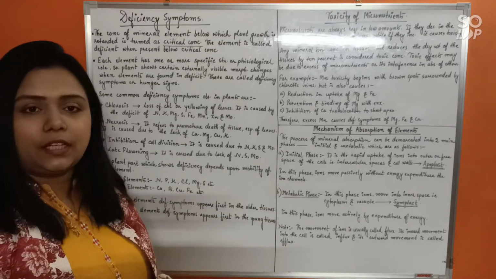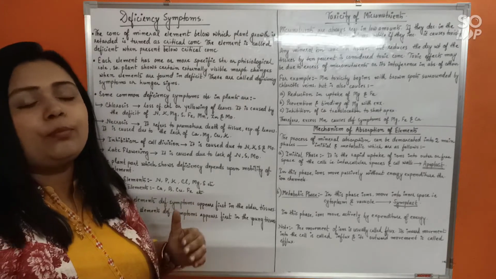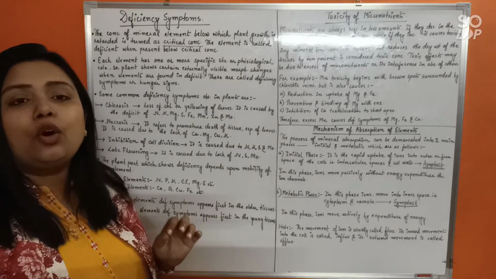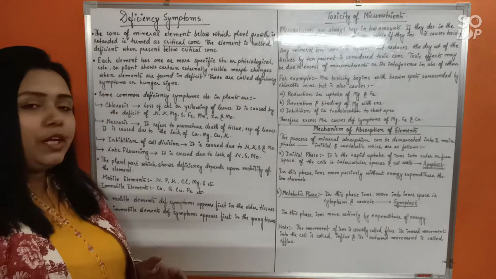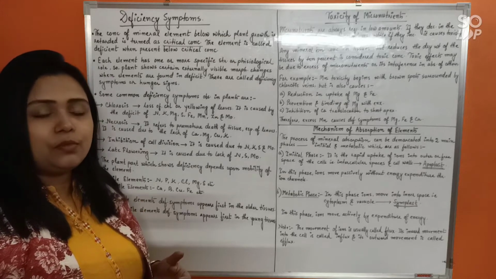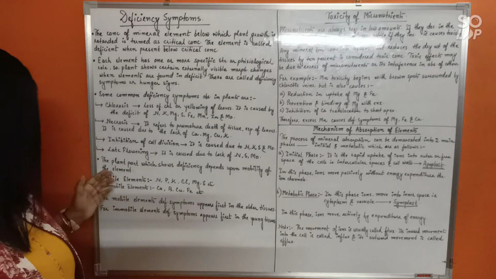Not all, but certain elements, right? So those elements which continuously move from the old to the new parts are called mobile elements, and those which are not remobilized are called immobile elements. Alright. So according to whether an element is mobile or immobile, the deficiency symptoms would appear in certain parts of the plant body.